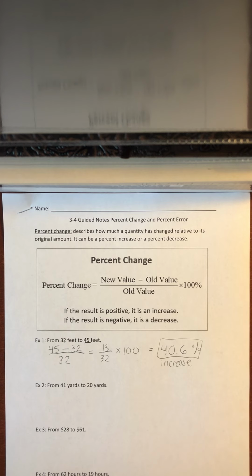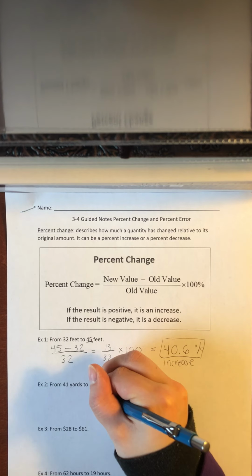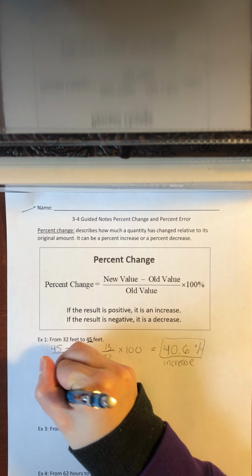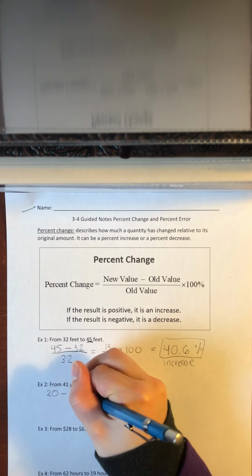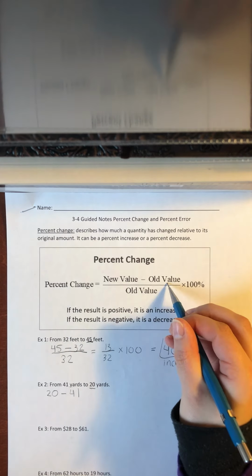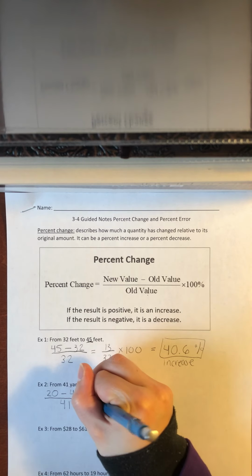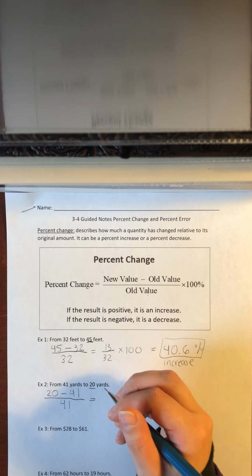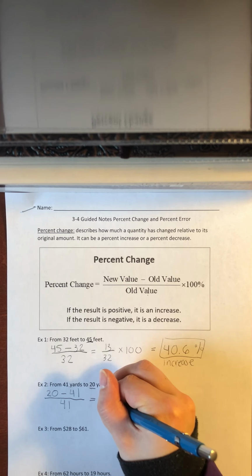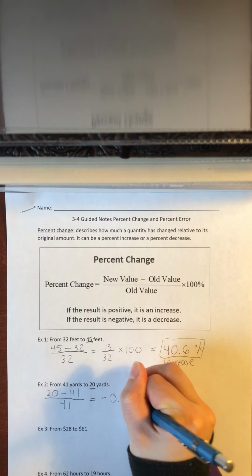All right, next one. From 41 yards to 20 yards. Okay, so the new value is 20 yards. The old value is 41 yards, so 20 minus 41, new minus old divided by old. Divide that out. You will get negative 0.51.